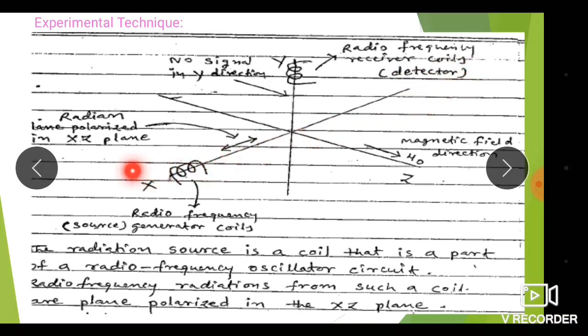The radiation is plane polarized in the xz plane, and the direction of the magnetic field is shown. There is no signal in the y direction, only in the x and z directions. The radiation source is a coil that is part of the radio frequency oscillator circuit, and its radiation is plane polarized in the xz plane, not in the y plane.